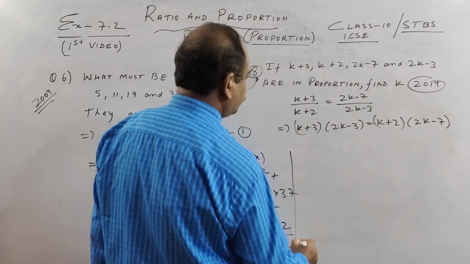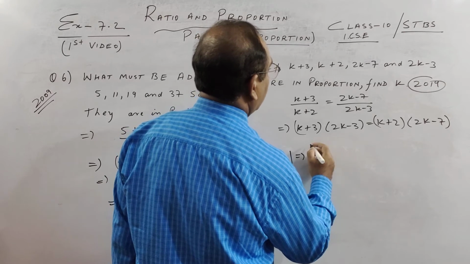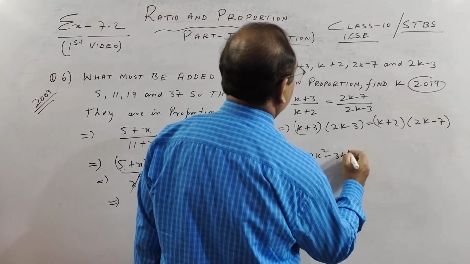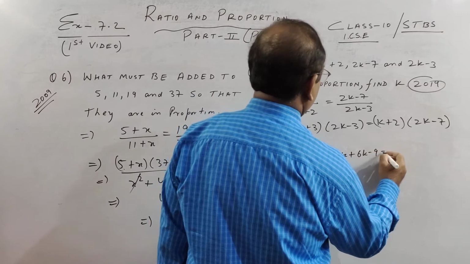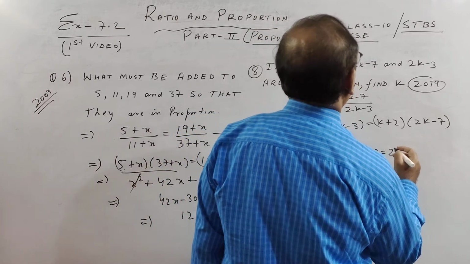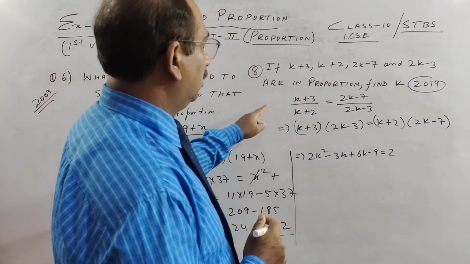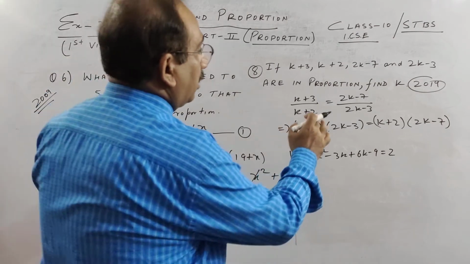Now what we have, children, here: 2k square minus 3k plus 6k minus 9 is equal to 2k square. So children, this is 3k.